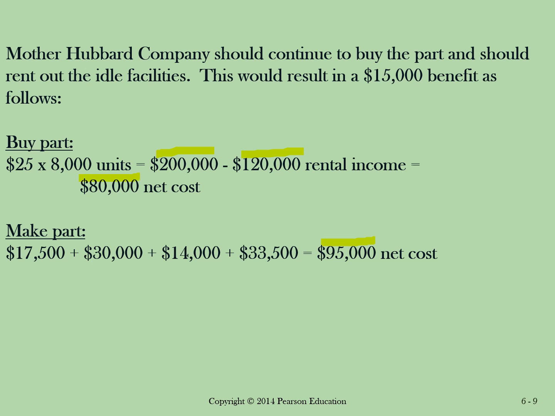When we make the comparison between the 80,000 and the $95,000, we are going to choose, of course, to buy the product from the external supplier while renting the non-utilized power or capacity.